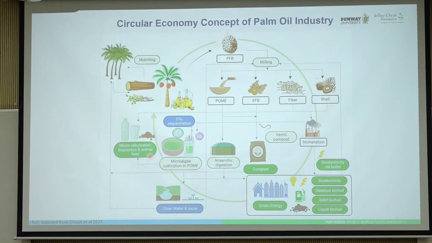Then the waste can be turned into bioplastics or animal feed and go back into the overall cycle. So this is how we are going to utilize it to make it overall circular. Not only a single process, but an overall circular economy.